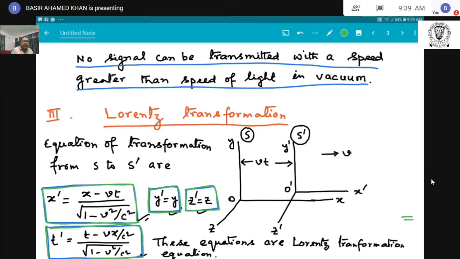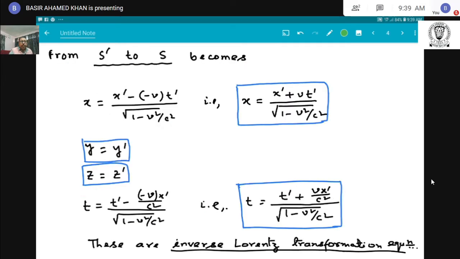Now if we consider these transformation equations from S dash to S, then the equation becomes x equal to x prime minus of minus vt prime divided by root over 1 minus v square by c square, that is x equal to x dash plus vt dash divided by root over 1 minus v square by c square, y equal to y dash and z equal to z dash.